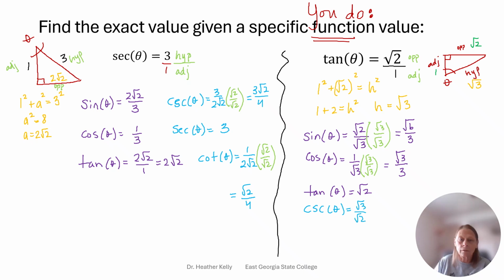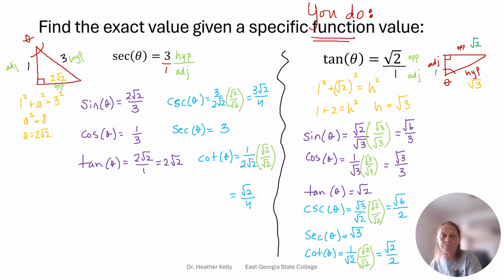So that is going to require us to do this. Now our secant is 1 over the square root of 3, so that's just the square root of 3. Awesome. And our cotangent is going to be 1 over the square root of 2. That's going to give us square root of 2 over 2.